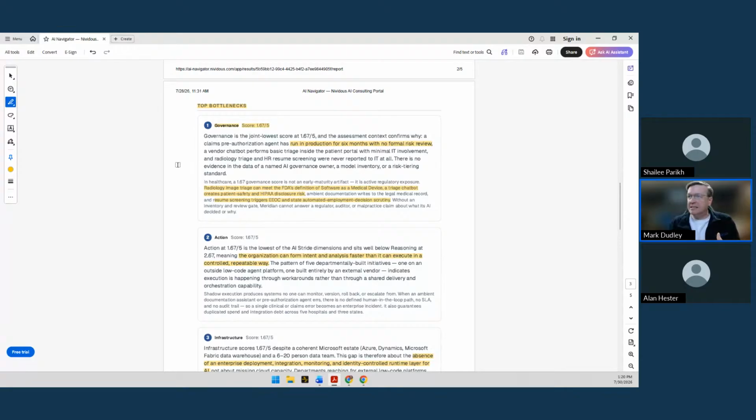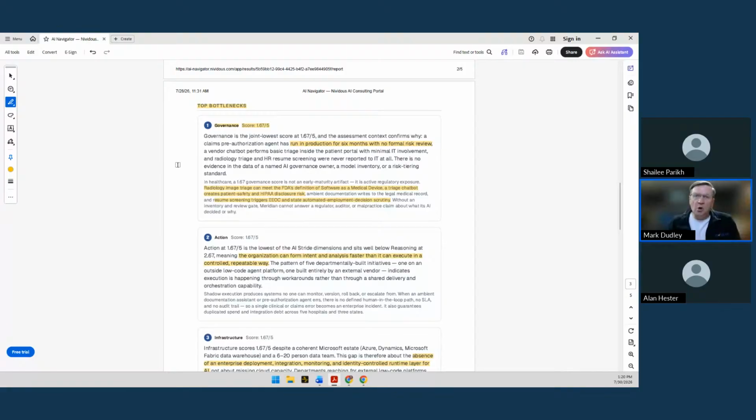In fact, the report calls out a radiology image triage process that could run afoul of some HIPAA standards. And also, there's a resume screening process that might be impacted by certain EEOC regulations from a state level. So again, not having that governance, and specifying that there are already pilots and AI work being done in production, is going to highlight these risks.